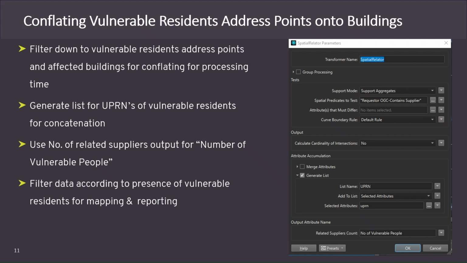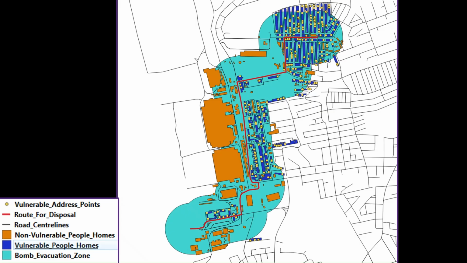So we can have each building have the UPRNs of vulnerable residents that are affected on it, and that can just be concatenated out and have that as an attribute. And we can also use the number of suppliers output to tell how many vulnerable residents are in the building. And then we'll filter the data according to that later on for mapping and reporting.